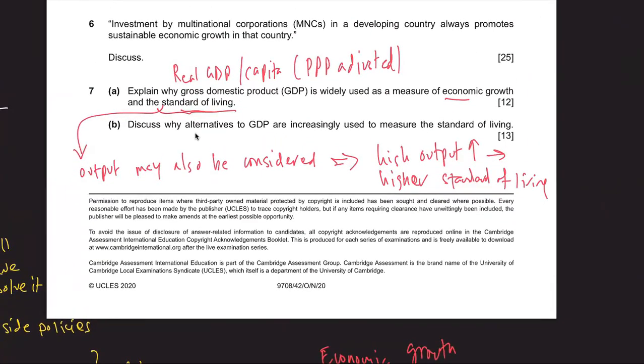The next part talks about discussing why alternative measures to GDP are increasingly used. So we talk about problems of GDP as a measure of standard of living. What are the problems of GDP as a measure of standard of living?